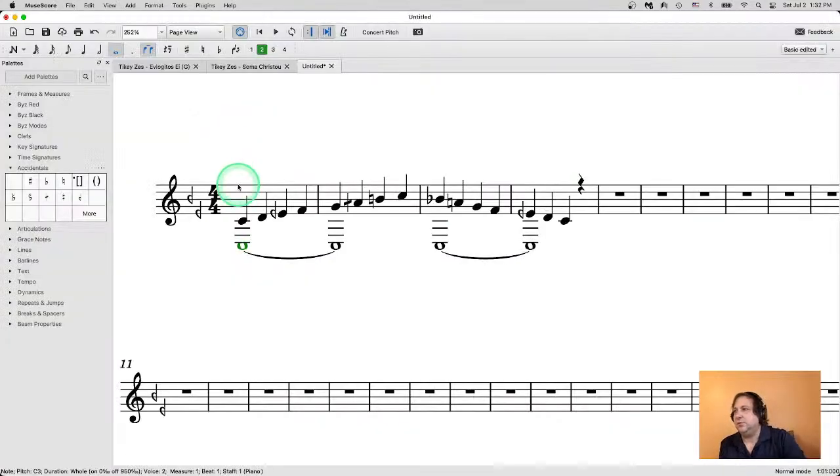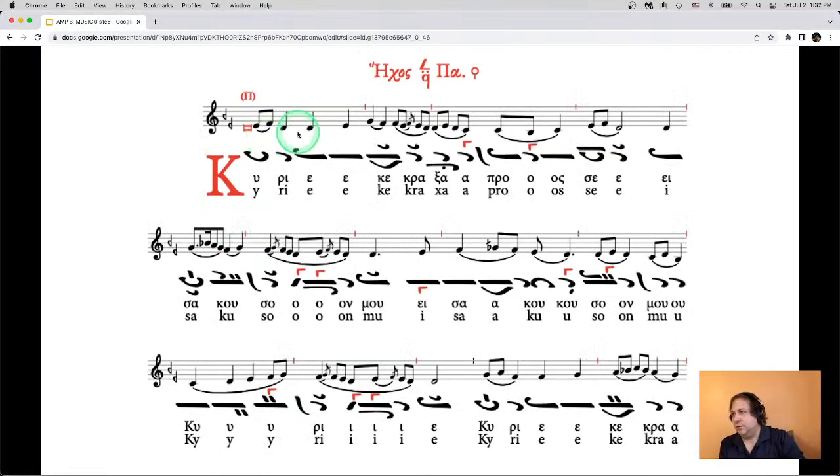So instead of going, you would go, da da da. See how it's going a little bit flat? Na na na na.